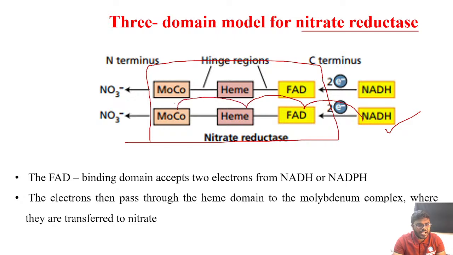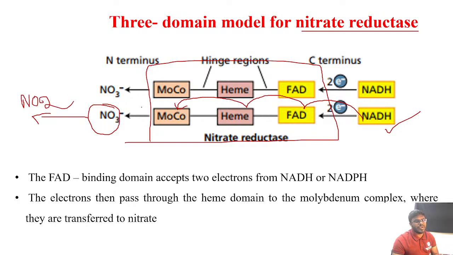Heme sends the electrons to the molybdenum associated with an organic compound called pterin. Then finally what is happening, my friends? NO3 finally gets reduced to what, friends? NO2. Very simple.